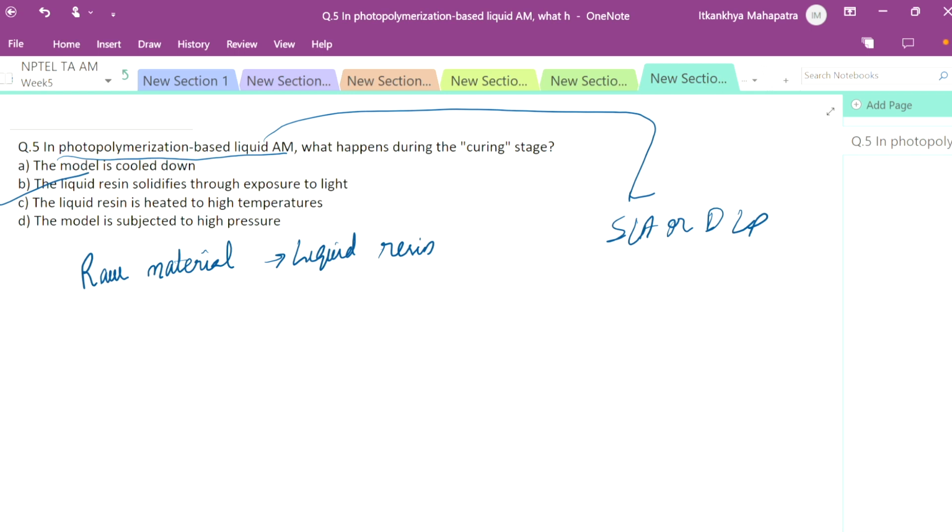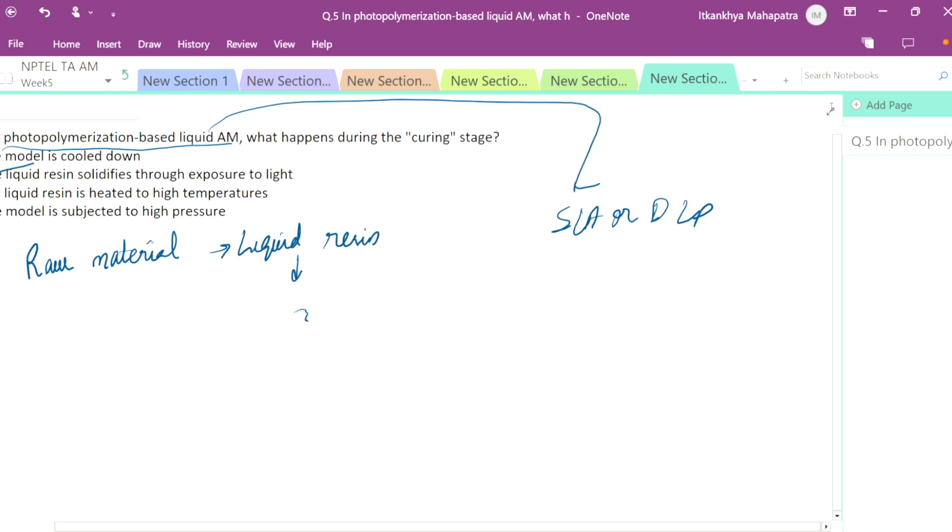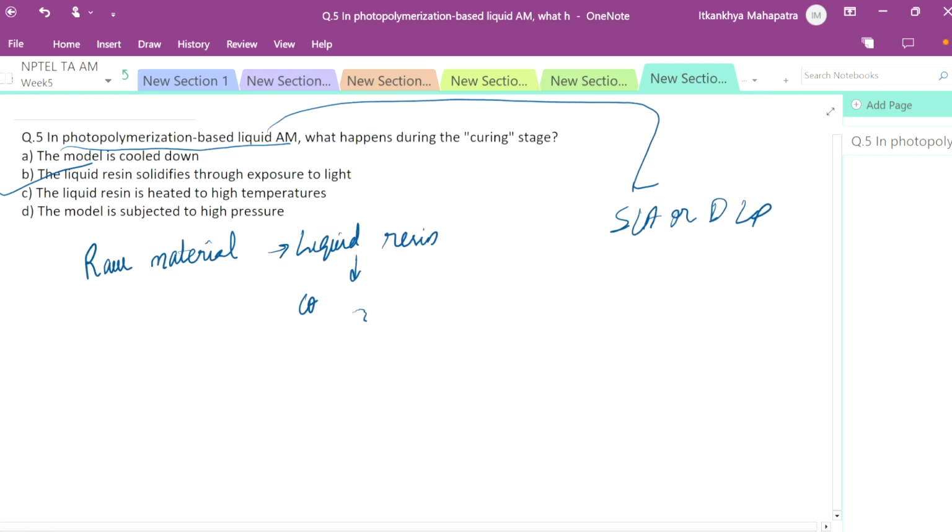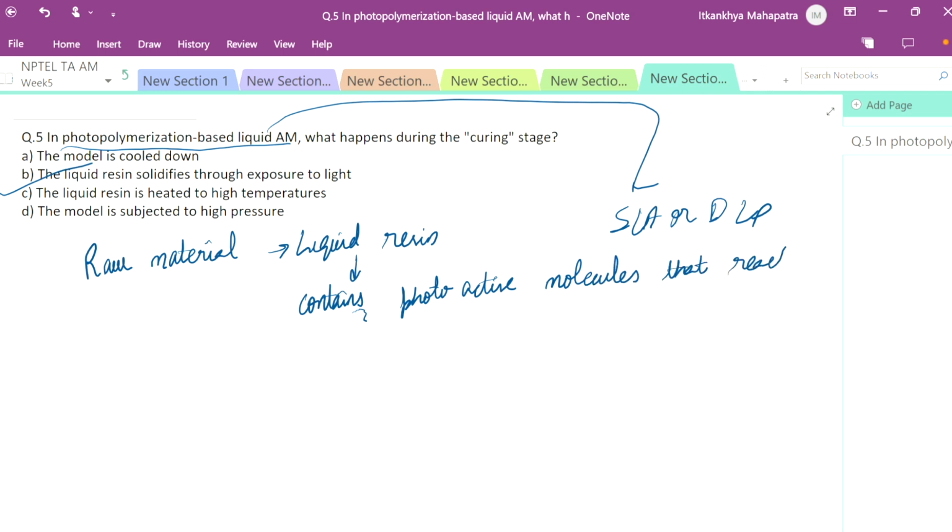Okay, so this liquid resin contains molecules that react to UV light.